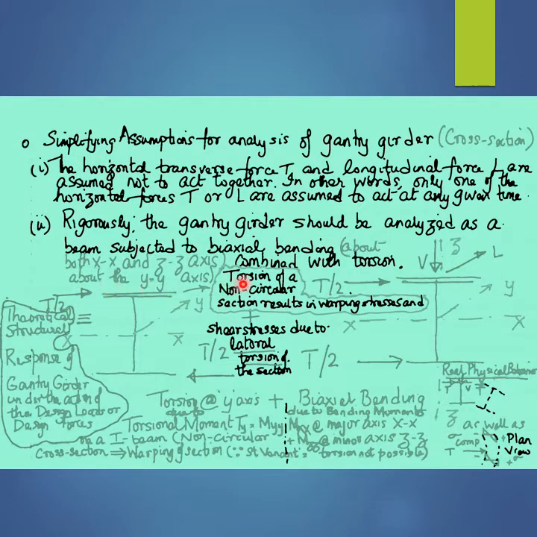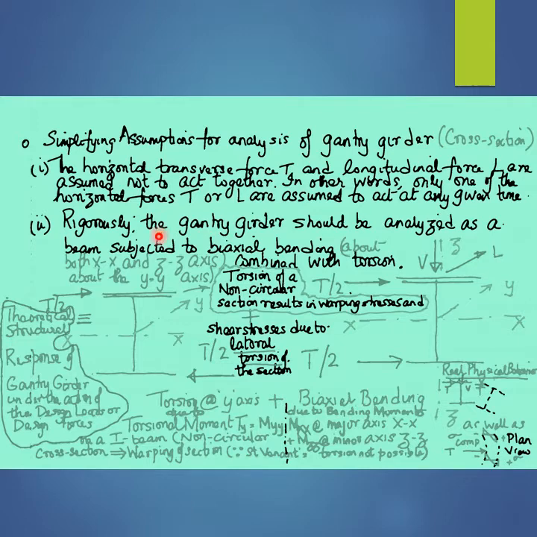due to the eccentricity of the transverse horizontal dynamic force T with respect to the centroid of the girder cross section.